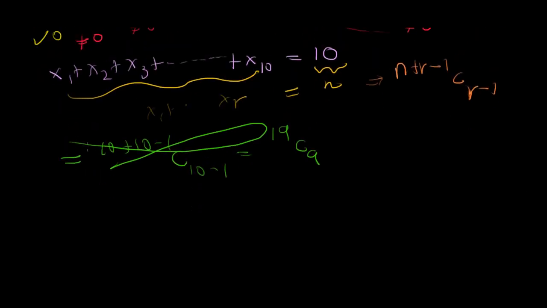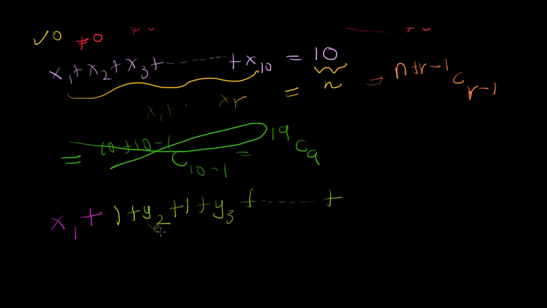Well, I can do one thing here. I'll keep x1 as it is because it can be 0, but x2 cannot be 0, right? It has to be minimum 1 because it is an integer. So I'll replace x2 with another variable, 1 plus y2, and I guess you see the logic behind this. If I take all the ones to that side, the equation becomes x1 plus y2 plus y3 and so on till y9 plus x10, and all the y's can be 0, right?